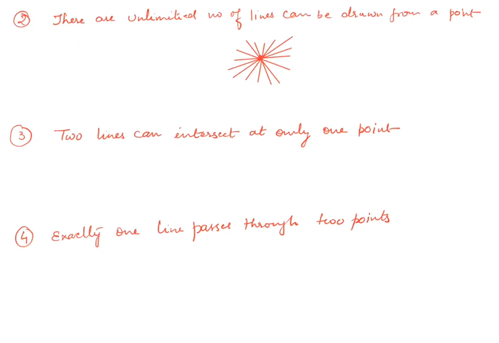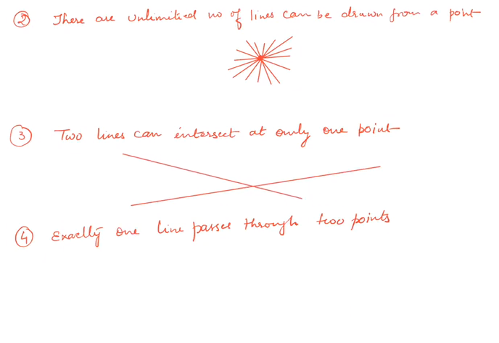The third one is two lines can intersect at only one point. It means that whenever two lines are crossing each other, they can only cross each other at one point only. They cannot cross each other at 2 points. See, this is your one line. The second line, whenever you draw, you can see this point.